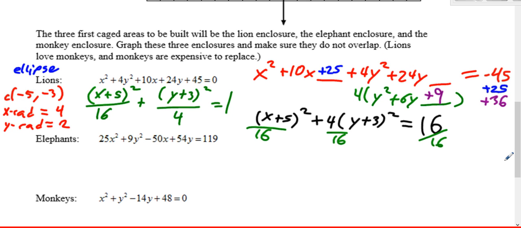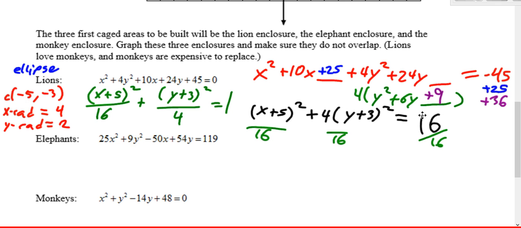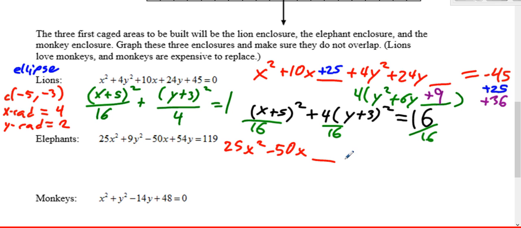All right, got to do the same thing for the elephants. 25x squared, 9y squared. They're both squared. They both have different numbers. That, again, is going to be an ellipse, just like the Lions. So organize it so we can complete the square. 25x squared minus 50x, blank. 9y squared plus 54y and a blank equals 119.